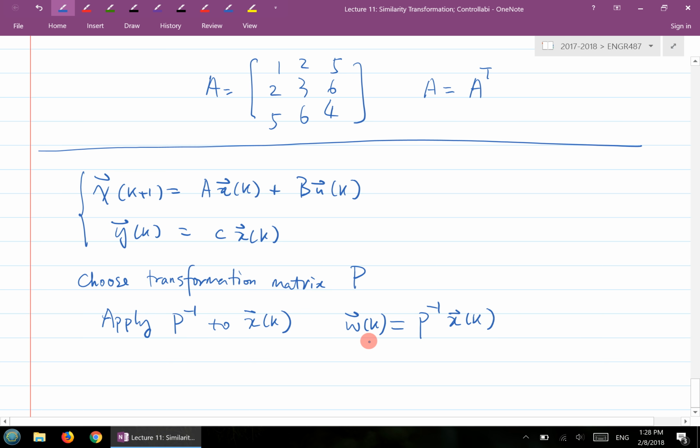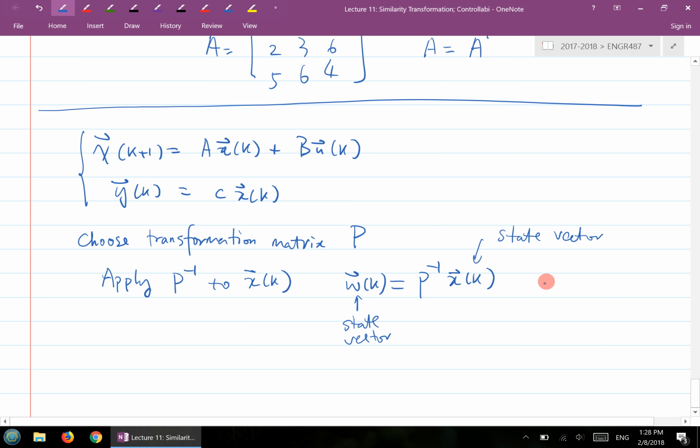Here is your original state vector, here is another state vector, and these two will look different now. This means x of k is equal to P times w of k.